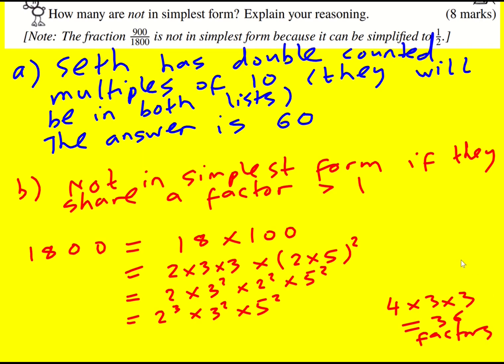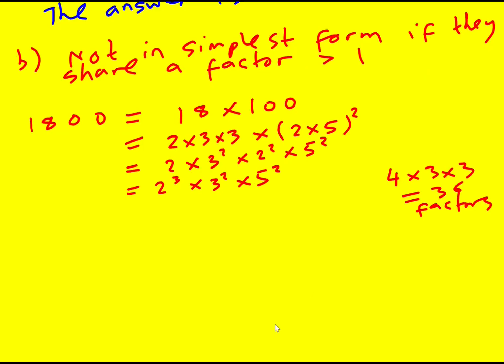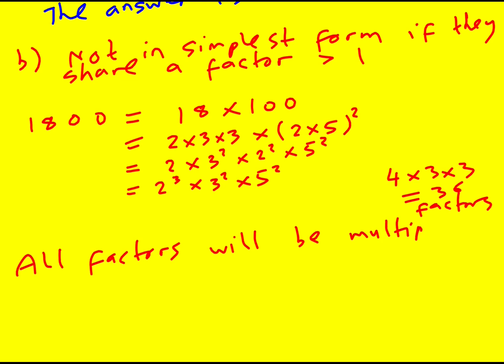The thing is, that's actually not that important. What we want to know is just that they share a factor, and it's actually the prime factors that we need to look at, because all factors will be multiples of 2, 3, or 5.